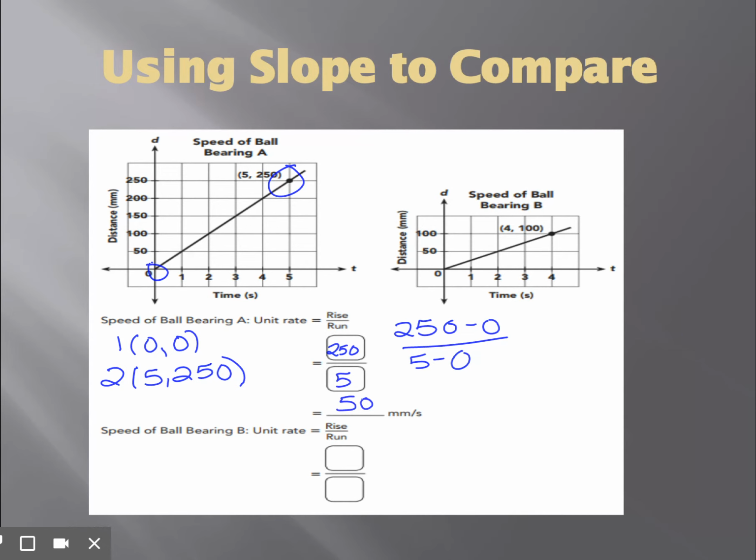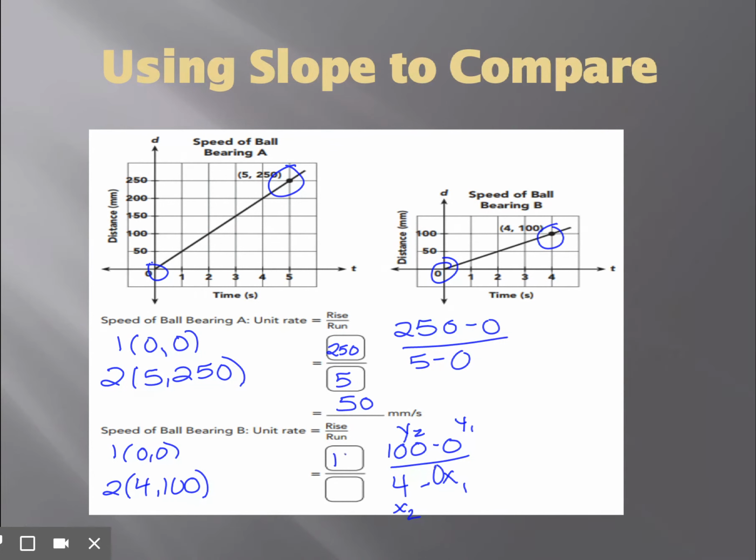And then I'll do the same for ball bearing B. My point 1 is going to be 0, 0. My point 2 will be 4, 100. Okay, so again, my y from point 2 minus y from point 1, and then my x from point 2 minus my x from point 1, which is 4 minus 0.